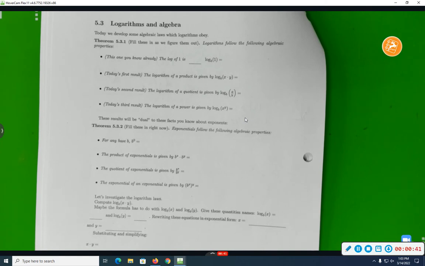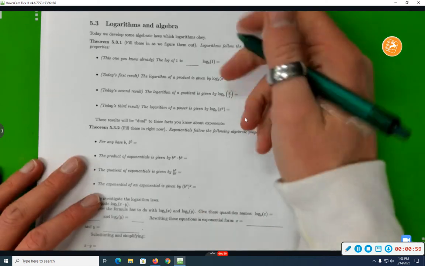So the stuff on this page is somehow the most important stuff, and then we'll do some stuff with it. So let's start with something you already know. What's the log base b of 1? Zero.